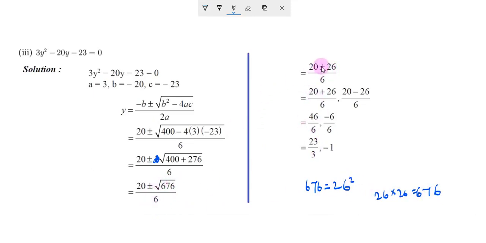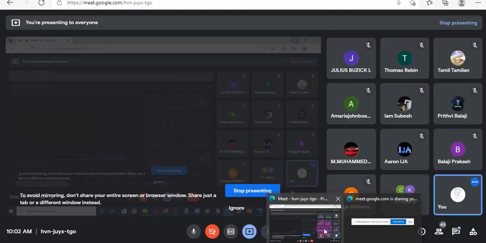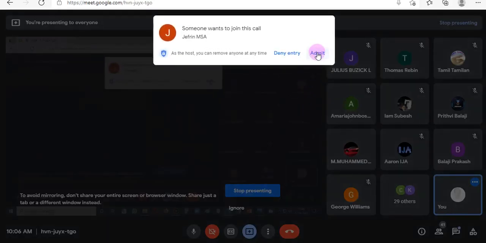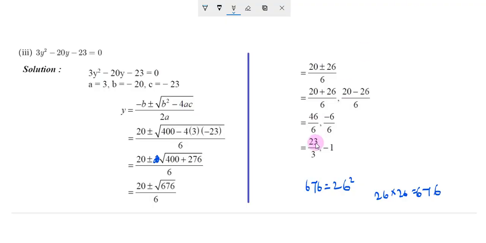Okay, now here plus or minus, so for plus we should take one term, for minus we should take another term. So 20 plus 26 by 6, 20 minus 26 by 6. So 20 plus 26, this is 46 by 6, and next 20 minus 26 means minus 6, so minus 6 by 6.